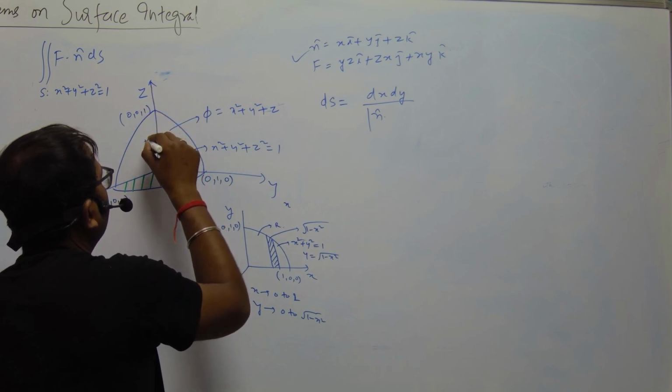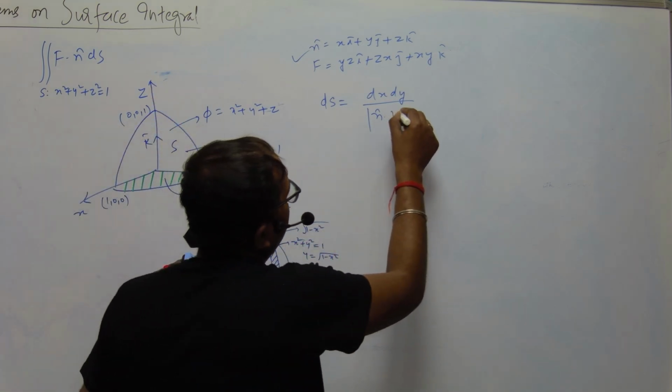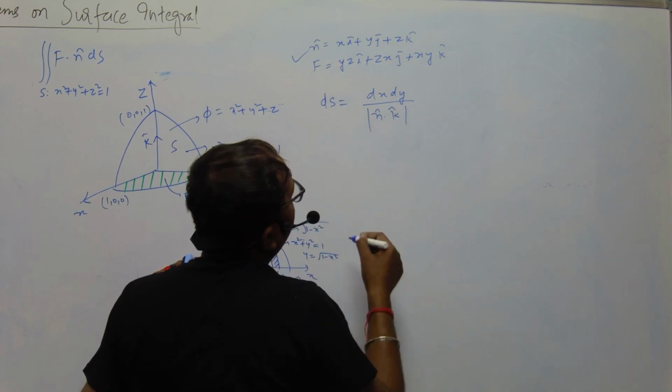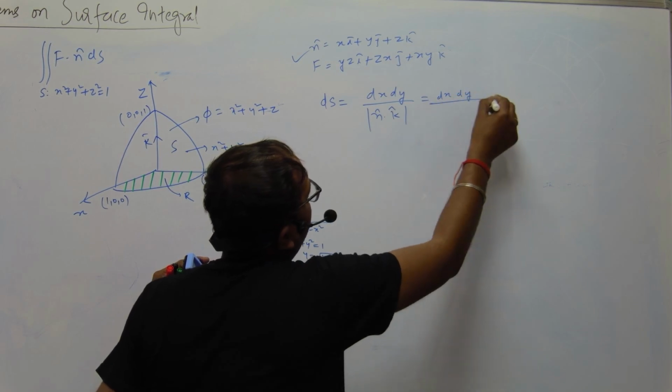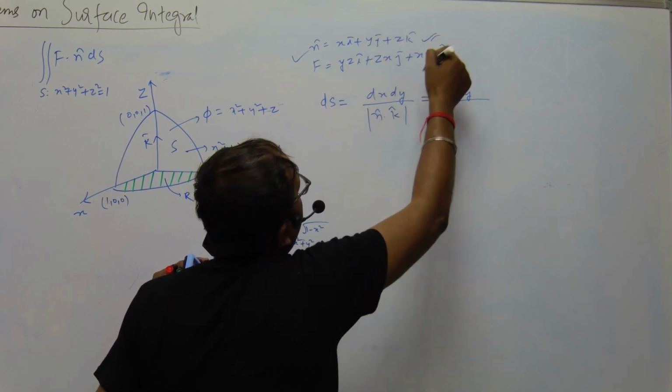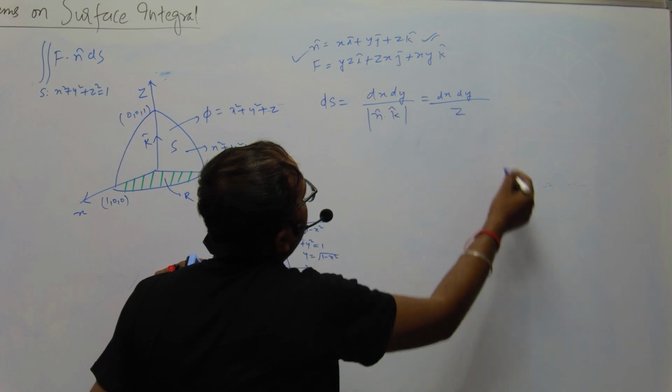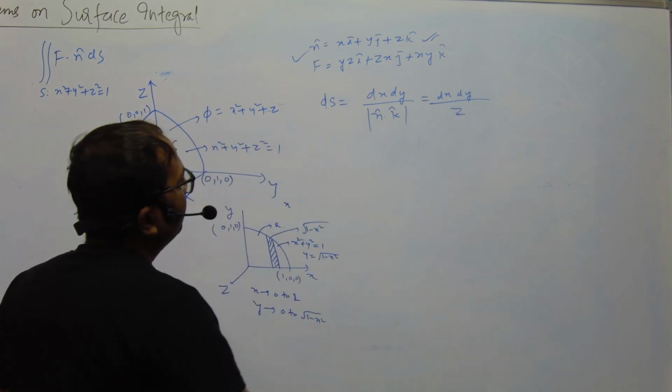So this is k cap, n cap dot k cap. Okay, this is the value of ds.